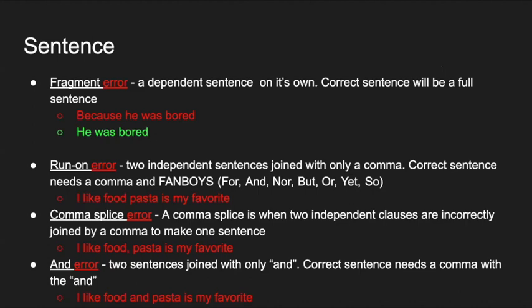Perfect. Okay, so you got these down. Let me do a quick poll if you got these down. Did you get these down? That's the question. All right, some of you are still working on it.